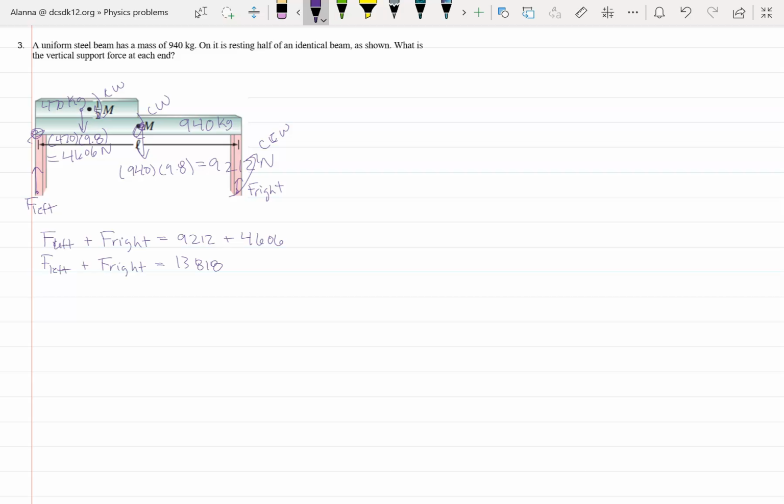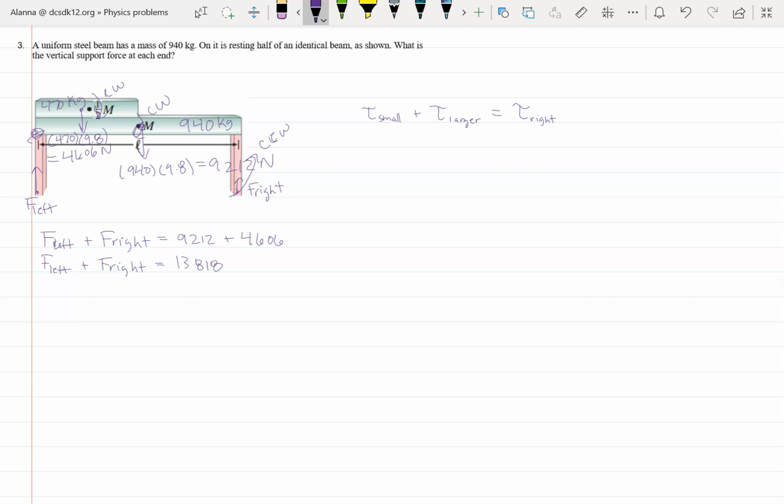So the torque from the little beam plus the torque from the bigger beam has to equal the torque from the support on the right. So it's going to be torque from the small plus the torque from the larger one equals the torque from the one at the right.